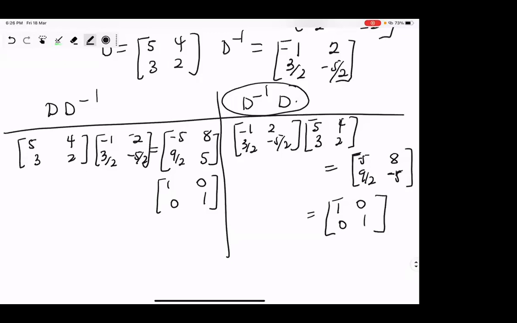The D inverse is -1 0 0 -1. D inverse D, 1 0 0 -1.